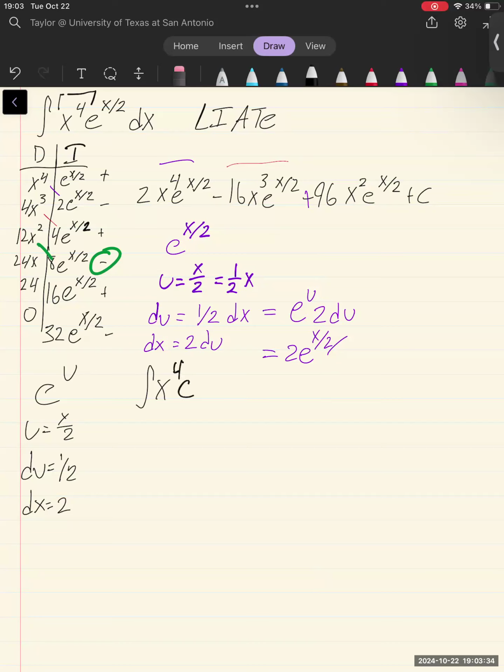Real quick, while I'm writing this out, was it taught differently? Did everybody learn the tabular method? Did everybody learn the conventional method? I'm not too sure because I'm seeing a lot of mixed in the group. We learned both. Our professor tried to do a good job of doing both, but especially for the ones with x to the 4th, and x to the 4th is an easy derivative, this one is probably better to use the tabular method, as I can see.